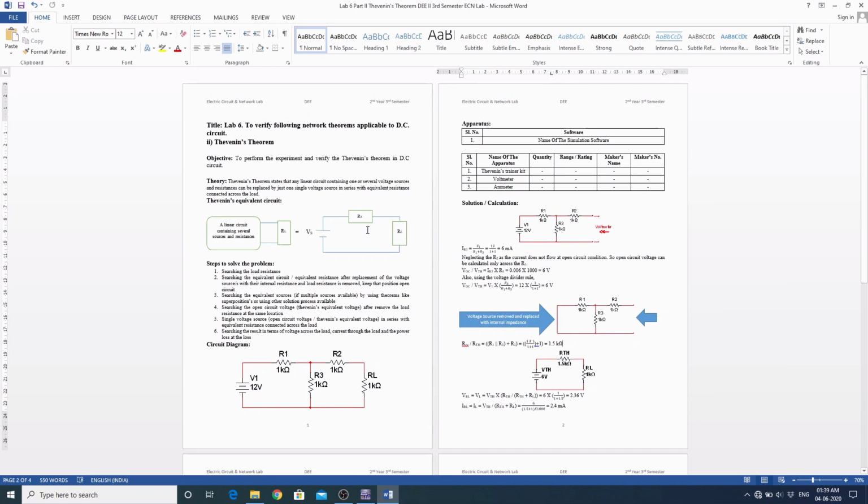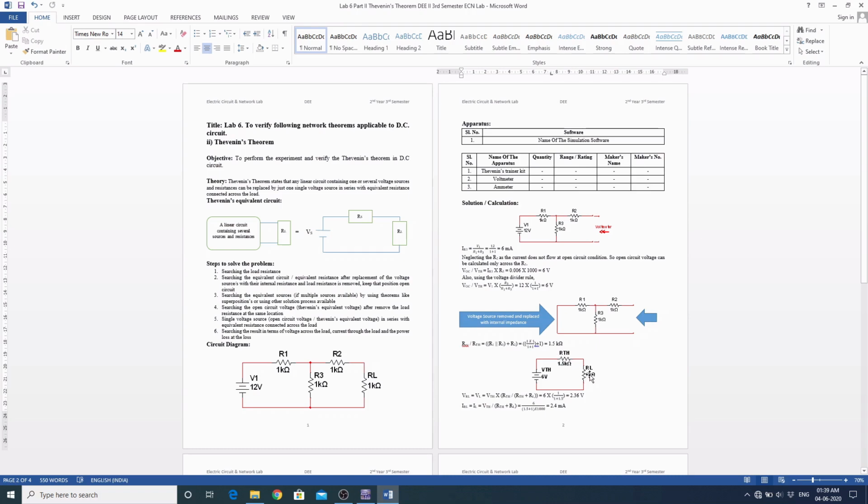After that, in the last step, we have to make an equivalent circuit like this. Here VTH, the open circuit voltage, came to 6 volt. I have to connect the equivalent resistance like this, RTH or R equivalent, that is 1.5 kilo ohms, and the load resistance should be connected in series with these.